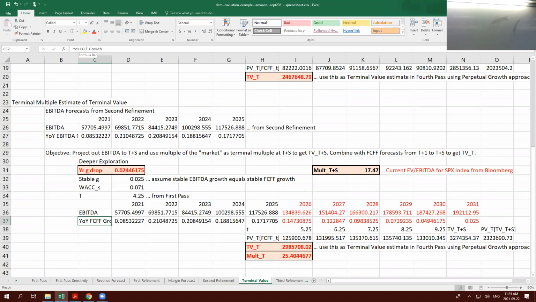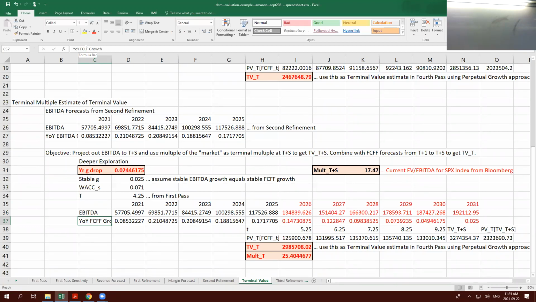So make that go down to that and use those numbers to get the EBITDA forecast. Obviously, I need the EBITDA forecast to be able to calculate a terminal value with an EBITDA based multiple, right? So that's why I need to forecast these things. That's how I get my forecast for 2021.